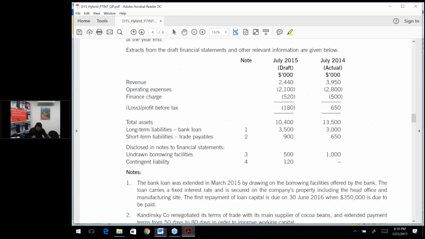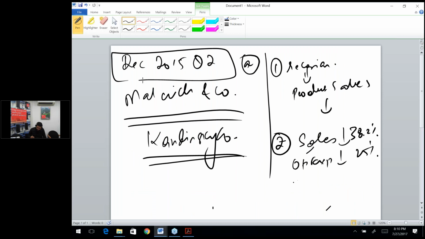Now let's move forward. So revenue has declined by 38.2%. The operating expenses have declined by 25%. The finance cost has actually increased, 20 upon 500. So the increase in finance cost is 4%.